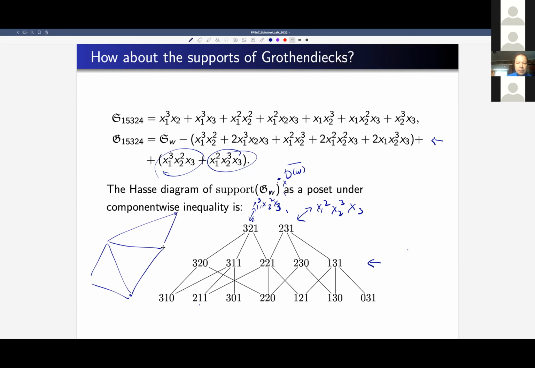Because I thought this would be a very natural question. So for example, this is a projection of the subword complex or pipe dream complex of 1, 4, 5, 2, 3. So this is the whole thing, this is a ball. You start with this edge, its vertices are on the boundary, but you want to get to this vertex. So you can't simply add crosses. You have to shove around the crosses in your pipe dream and end up here.